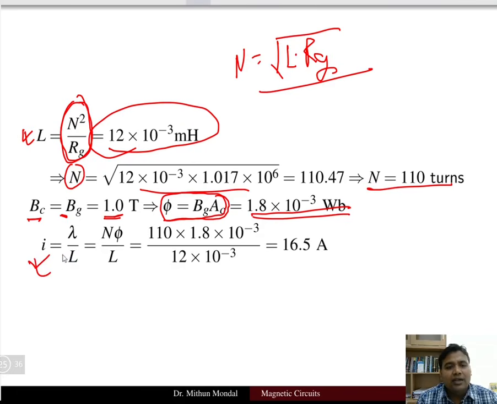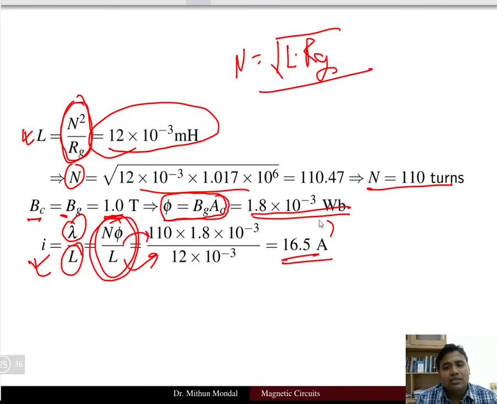The excitation current is the flux linkage lambda divided by the inductance, that is N phi by L. Putting in the values derived from the previous part, you will get an inductor current of 16.5 ampere. So if you know the basic formulas of the magnetic circuit, you can easily calculate the items asked in the problem.